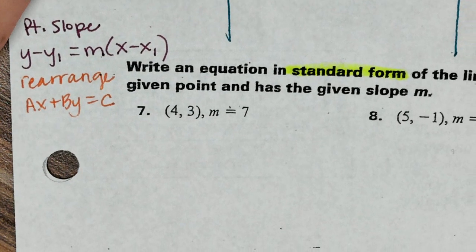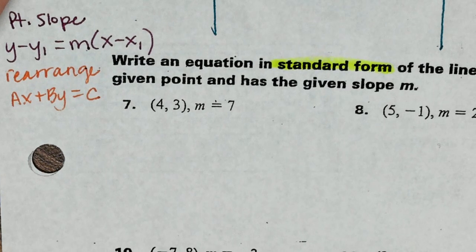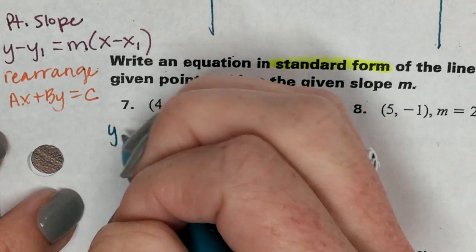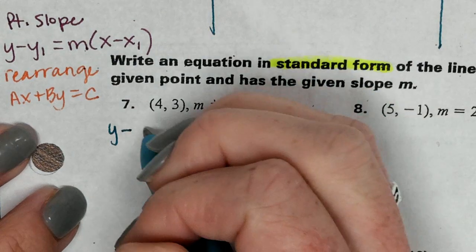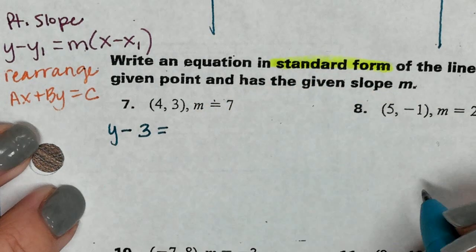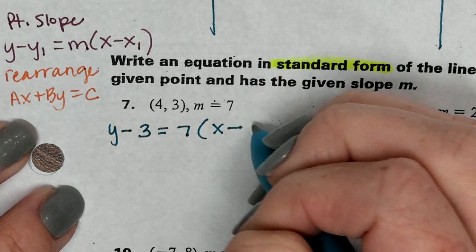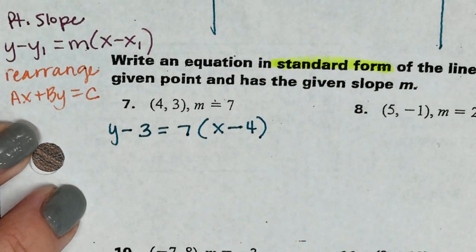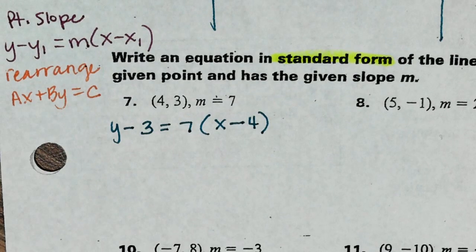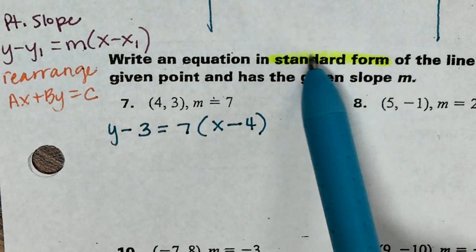Okay, we'll do an example together, so let's do number 7. I'm going to do y minus the y value, which is 3, equals m, which is 7, open parentheses, x minus the x value, which is 4. That is point slope form, but we want it in standard form.